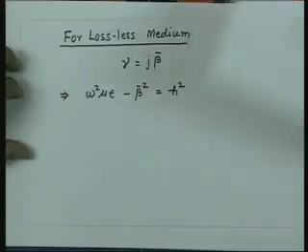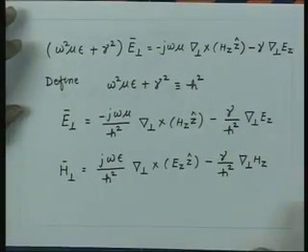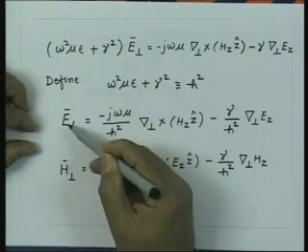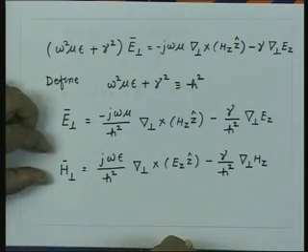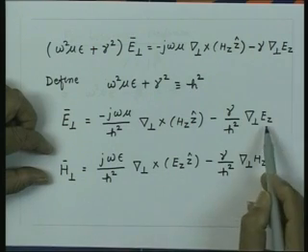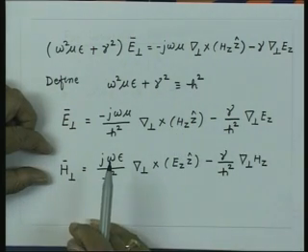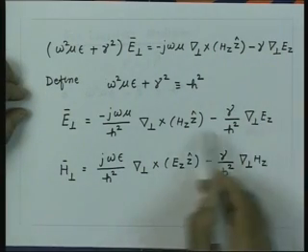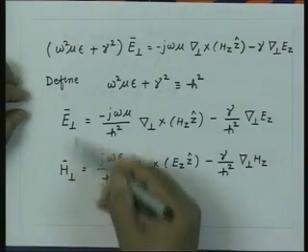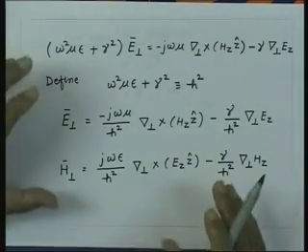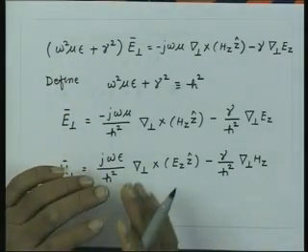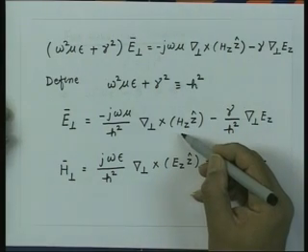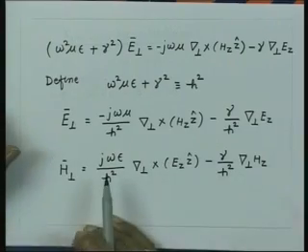Now from this expression, a few conclusions can be drawn. Firstly, if the transverse fields have to exist, then both Ez and Hz need not be non-zero. Even if any one of them is non-zero, still I can get the transverse fields. That means I can have the field distribution inside this waveguide with either Ez equal to 0 or Hz equal to 0 or both of them non-zero.